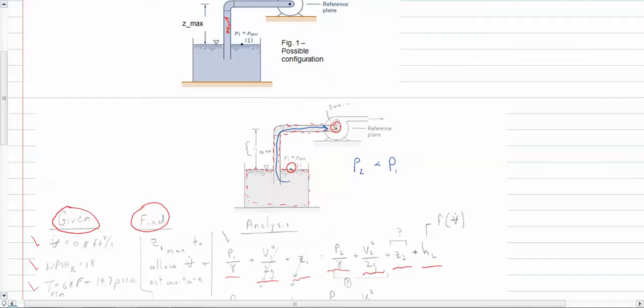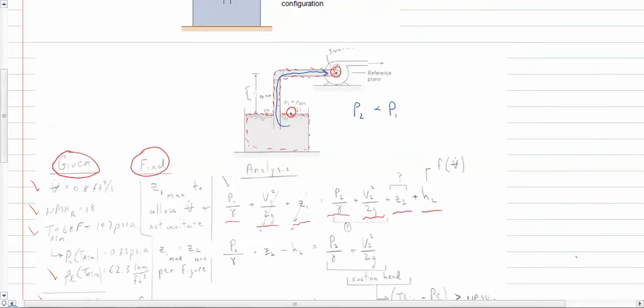It has to suck it up. Think about a straw. When you're having a nice thick shake, you've got to create that vacuum at your mouth. So that's what a pump is doing. Z2 is the height. And finally, the loss. The loss is dominant due to the debris filter here.